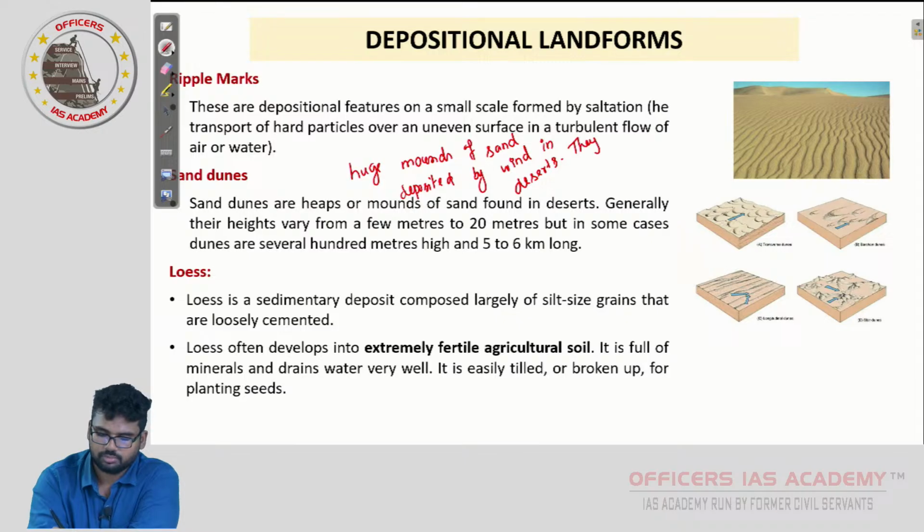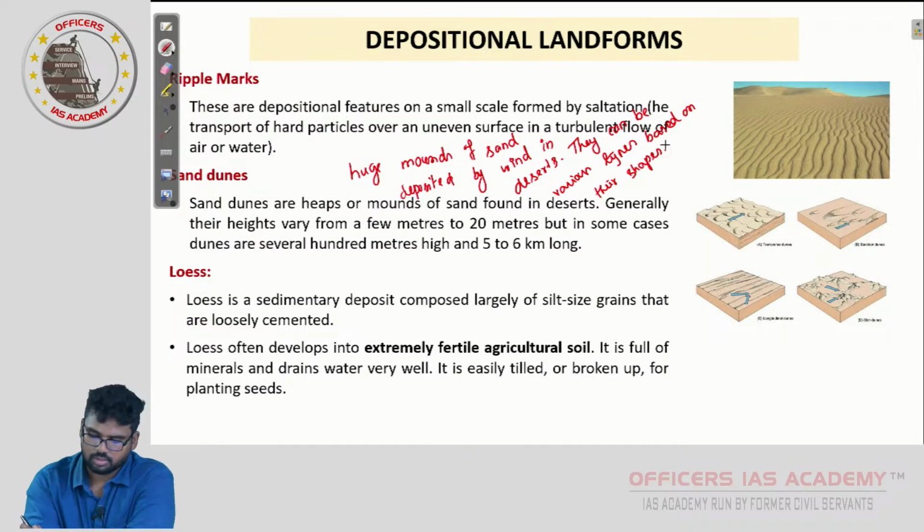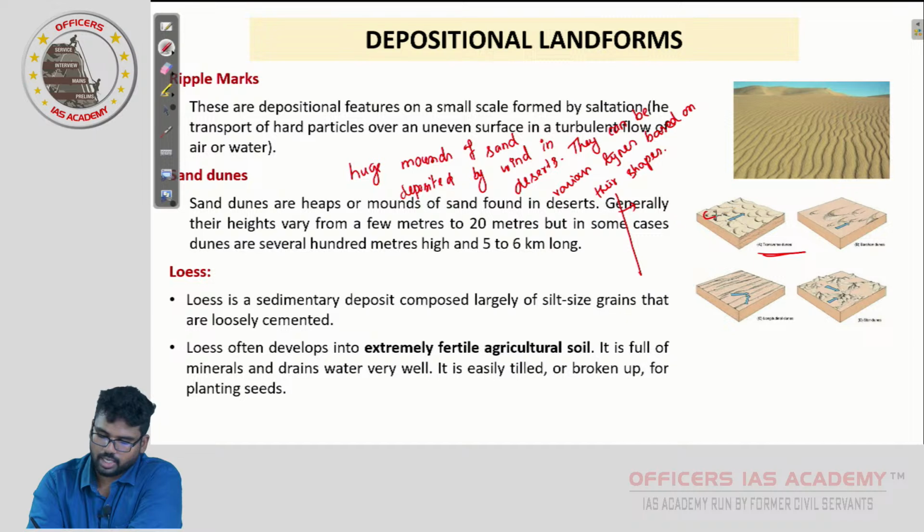They can be of various types based on their shapes. See, for example, there can be transverse dunes. See, they are more like crest and trough kind of things, okay. So they will be deposited like this. Here deposition is there, wind deposition, you can see it here.